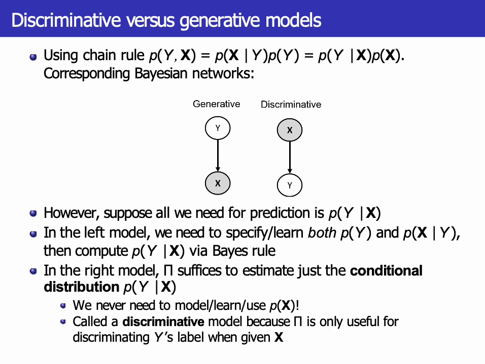So next, let us think about discriminative versus generative models here. So we have a chain rule, and we have a probability of y with joint distribution x. The chain rule gives you p(x | y) multiplied by p(y), or p(y | x) p(x).